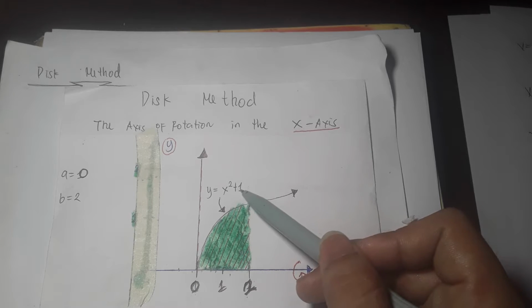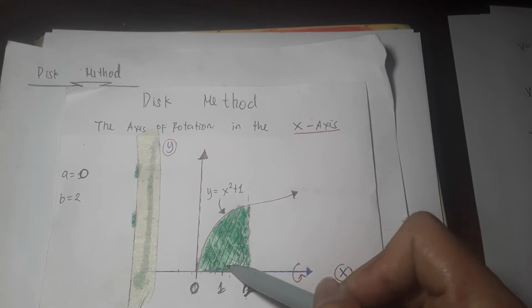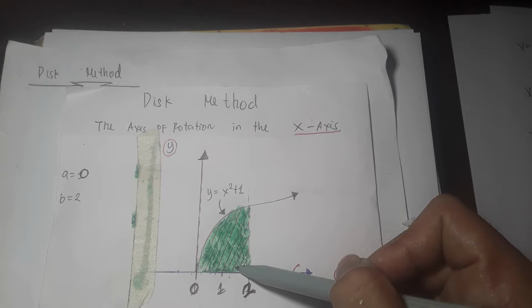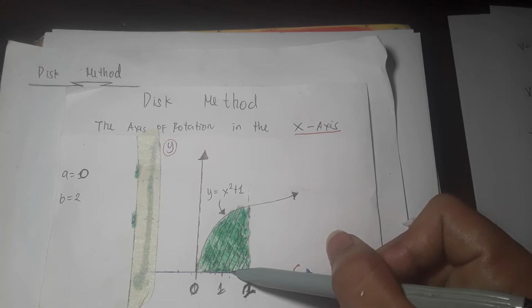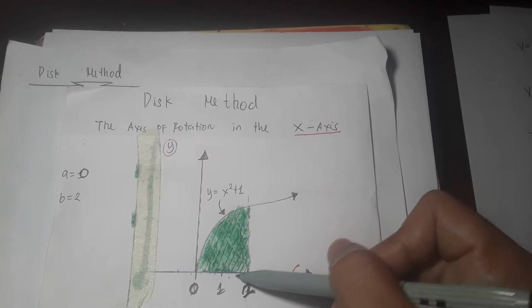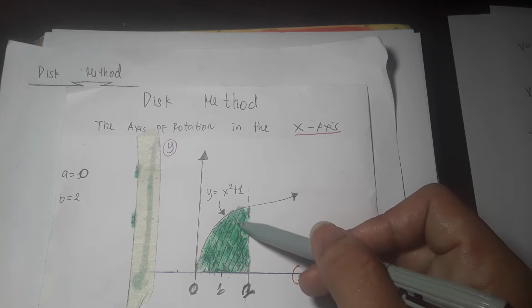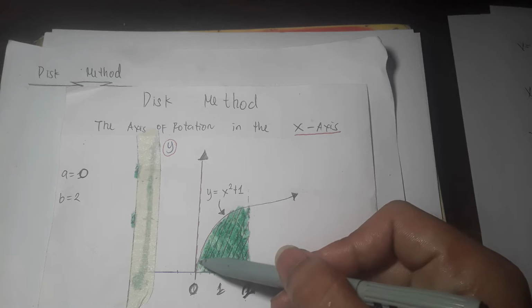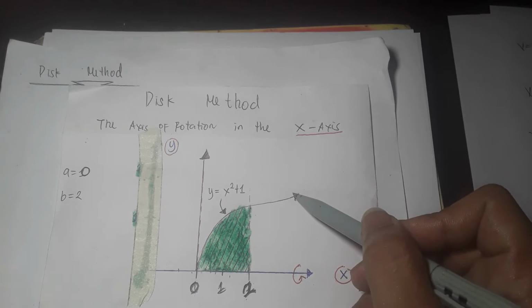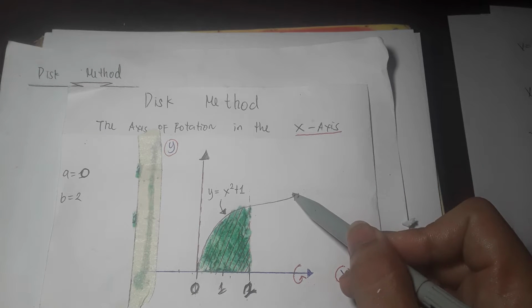For getting the radius, it is top minus bottom. Our bottom is 0, so x squared plus 1 minus 0 is equal to x squared plus 1. That would be the radius of this two-dimensional figure.